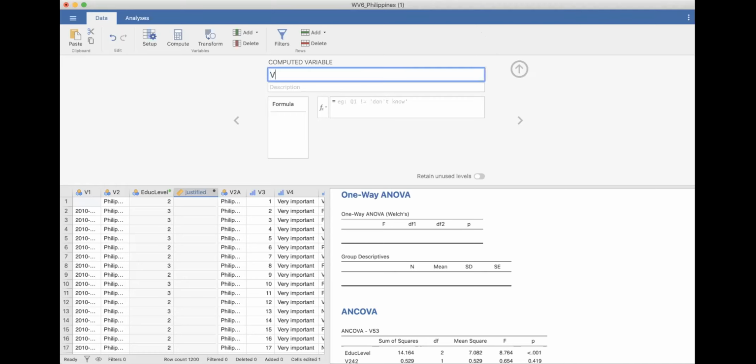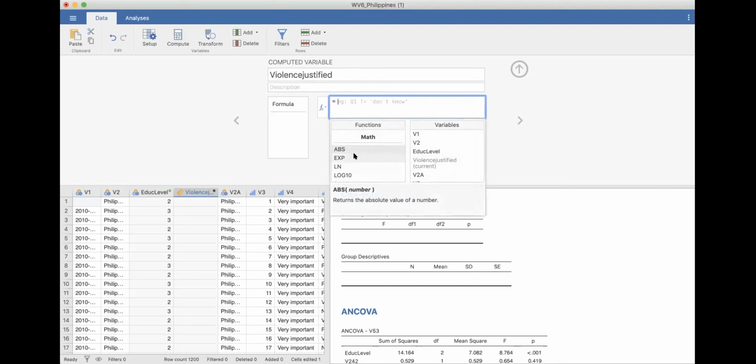Okay. For example, that. So, what would be your formula? Maybe you want to create the mean. Can you give me the 3 variables? 208, 209, and 210, ma'am. Okay. 208, 209, and 210.